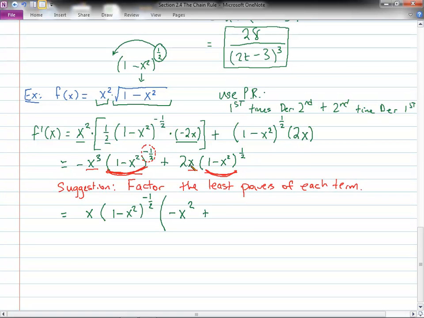Well, you pulled out the x, you still got the 2 left behind. Now the question is, what's left behind when you pull out an x to the minus 1/2 from x to the 1/2? A 1. You're subtracting the exponent. So you're taking the 1/2 that's here minus the minus 1/2 that's here. Then what's left here is a 1 minus x squared to the first.